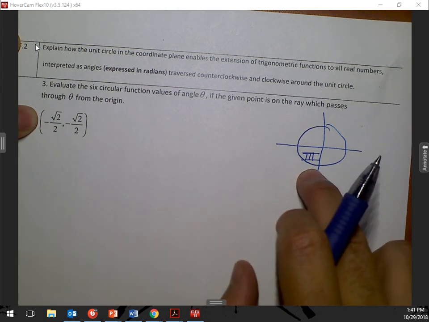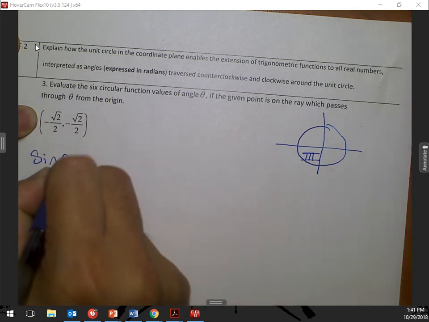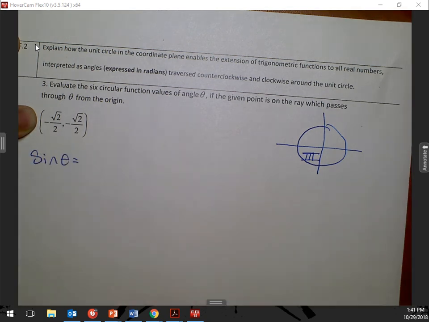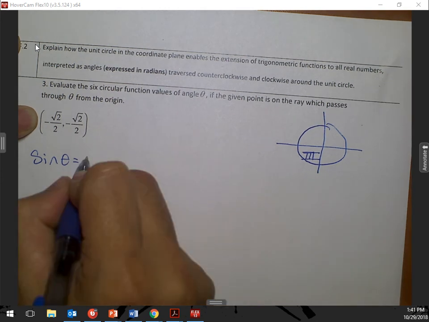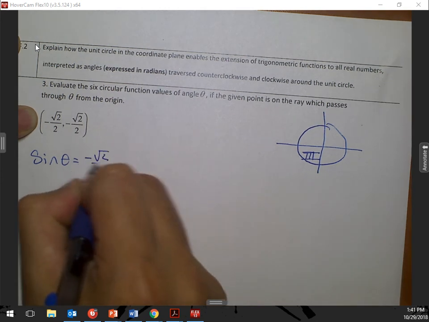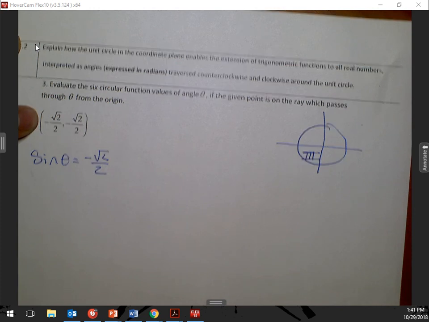let's start off with sine. What is sine theta going to be? Y, which is rad 2 over 2. Say the whole thing. Negative rad 2 over 2. So you should probably have that unit circle out right now, right?